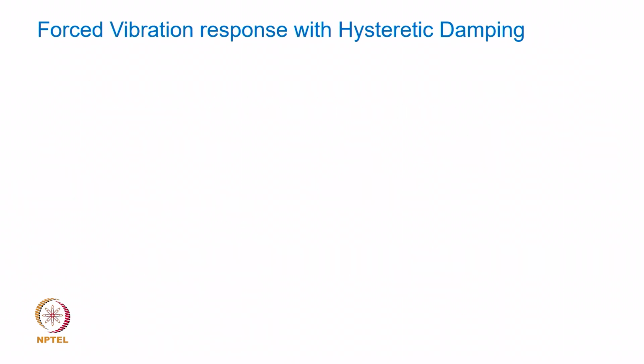What happens if the forced vibration response is to be obtained for hysteretic damping? So, you have a mass and the structural damping is defined as a combination of stiffness and damping.